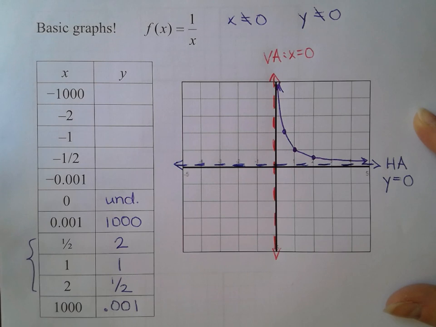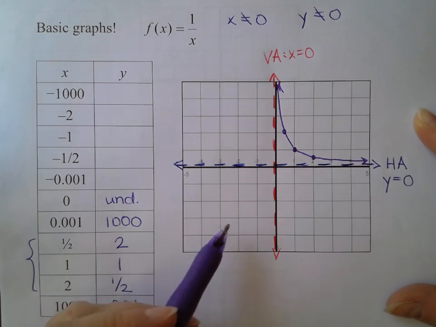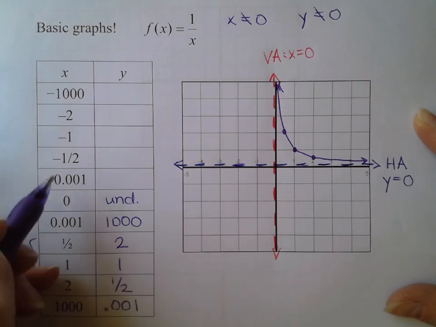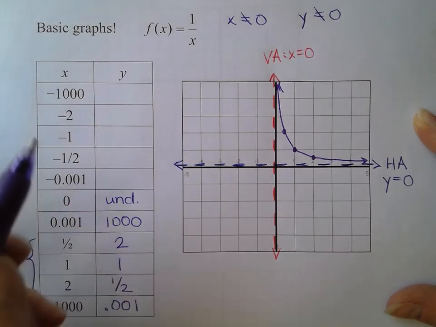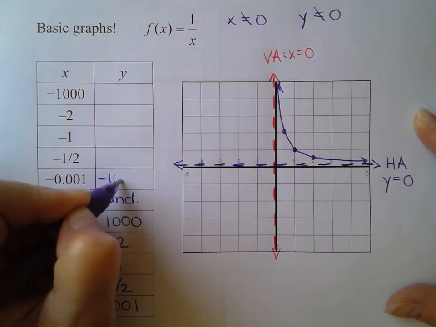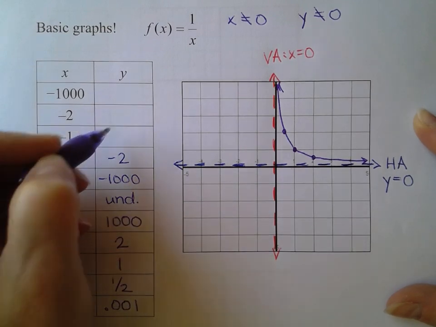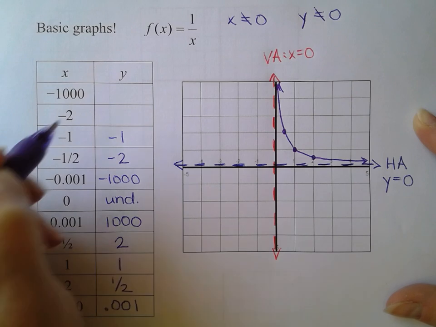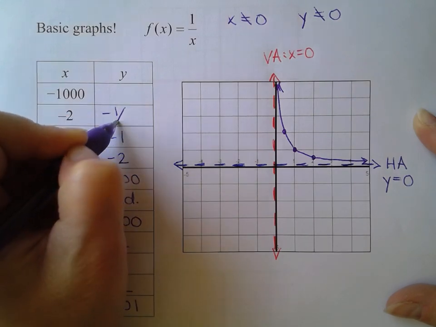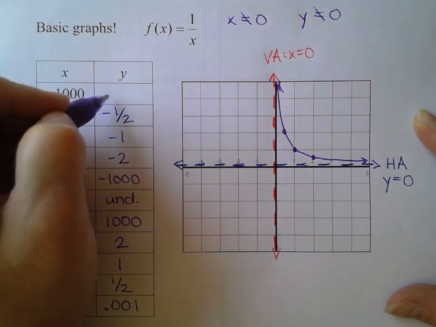Same thing happens on the negative side of the graph. So if I put in a negative 0.01, I'm going to get negative 1,000. This is going to give me negative 2, negative 1, negative 1/2 or 0.5, and negative 0.001.